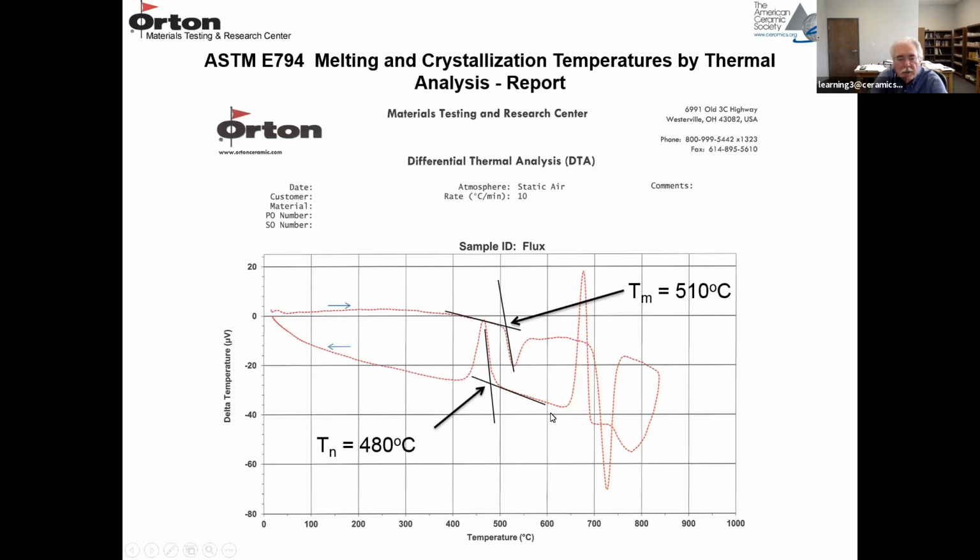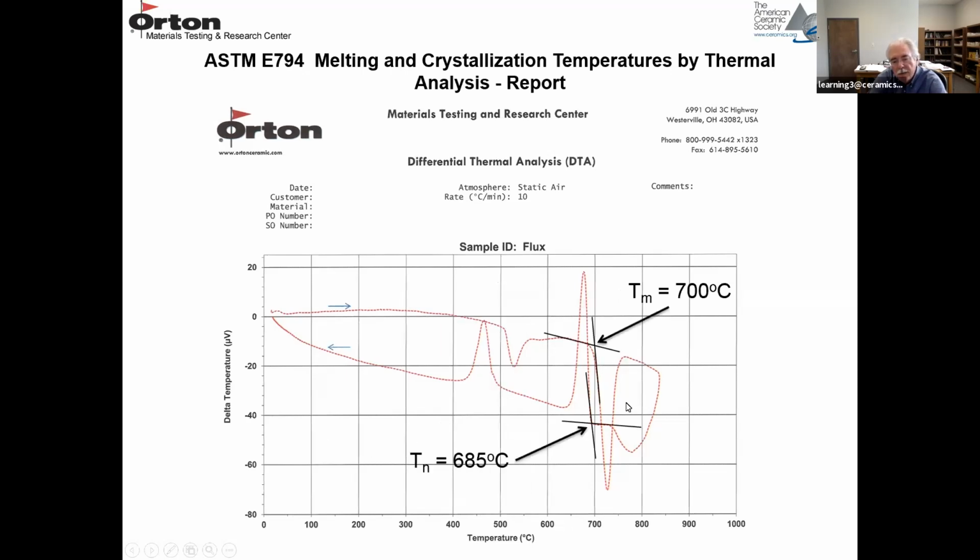In this case, it was 510 degrees C. And then that one crystallized on cooling, you make the same tangents and you get a temperature of 40. And the other one, the one that melted at the higher temperature, if you draw the tangents, the melting temperature is 700 degrees C. And then when you cool down, the crystallization temperature, it's a little undercooling, is 685 degrees C.